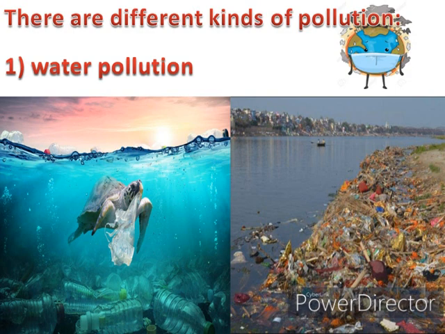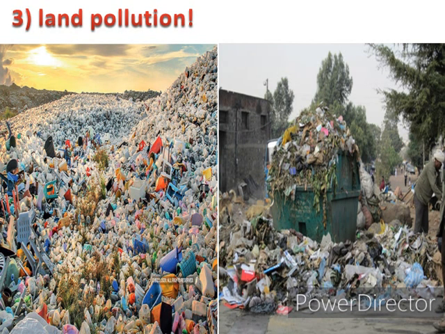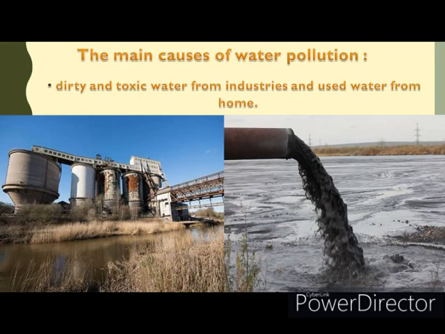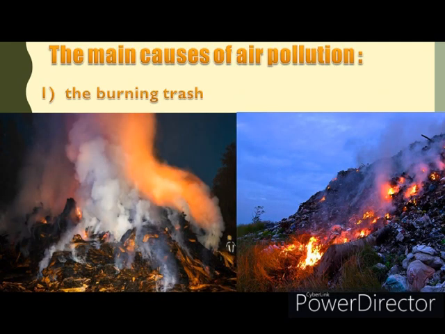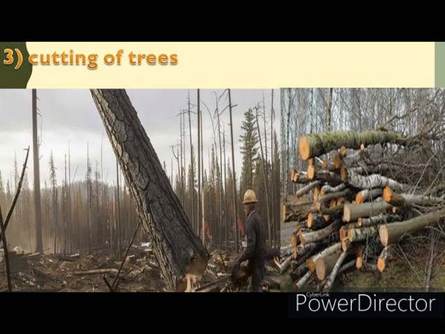And of course we have three kinds of pollution: water, air, and land pollution. What are the main causes of water pollution? The main causes of water pollution are dirty and toxic water from industries and used water from homes. The causes of air pollution include burning trash, poisonous smoke and gases emitted from vehicles and factories, and also cutting of trees.